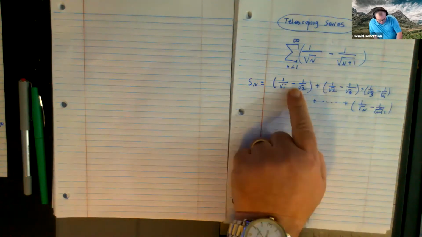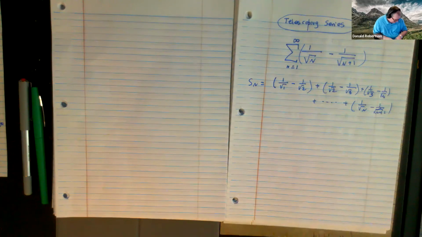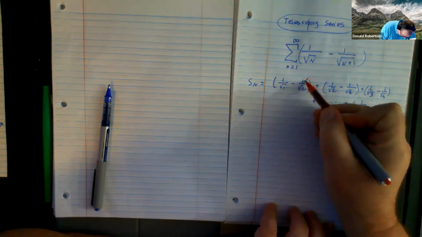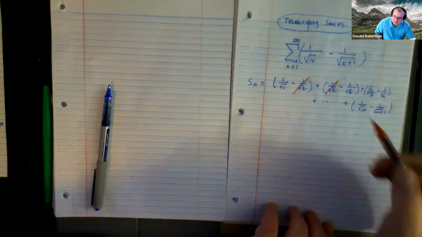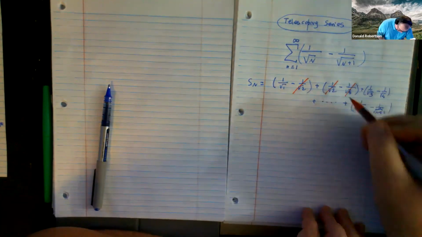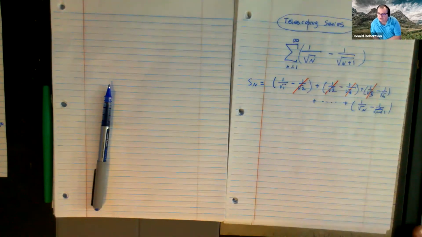It would be the first term plus the second, plus the third, fourth, the fifth, and then we'll finish on the nth one. And now carnage is about to happen. In a telescoping series, almost all the terms get killed off. So let's see what happens. Would you agree that negative 1 over root 2 gets killed off later by that plus 1 over root 2? Won't that negative 1 over root 3 be killed off with that plus 1 over root 3?